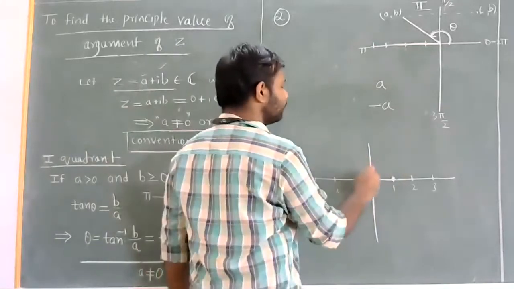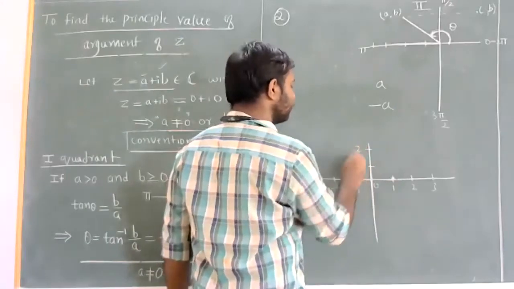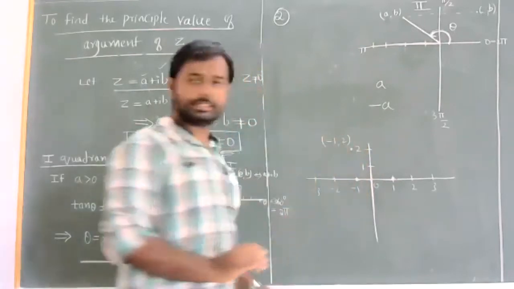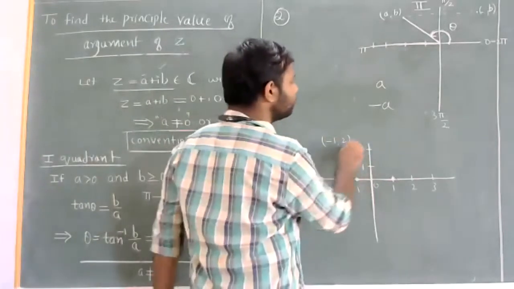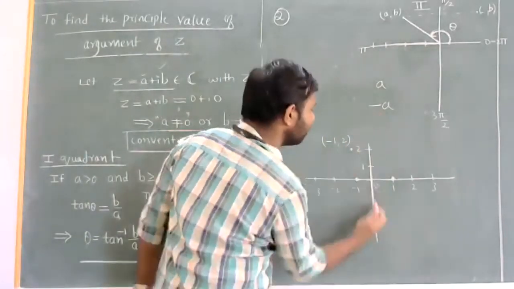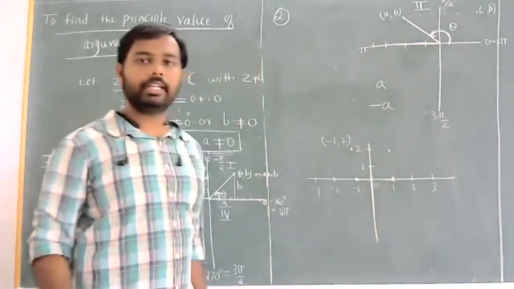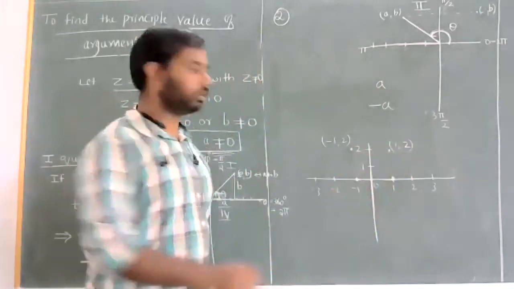For example, suppose this is 1, this is 2. Suppose the point is here, that is -1, 2. Assume that my point is this. So what will be its mirror image? If I keep a mirror here, its image will be here, so the coordinates will be 1, 2.